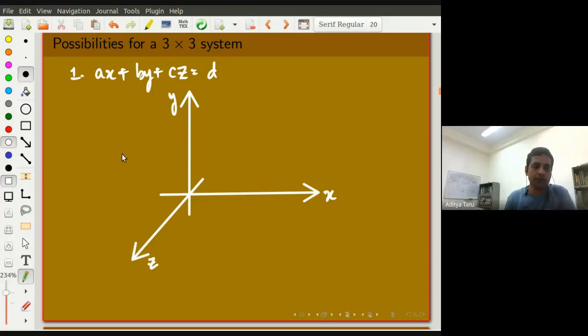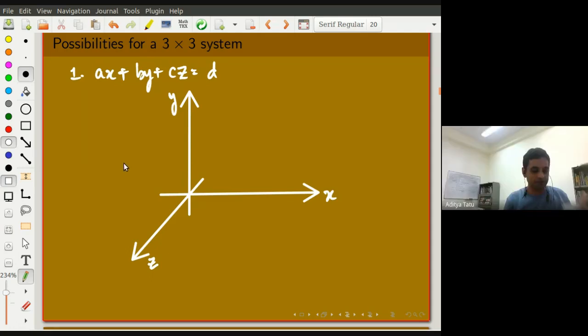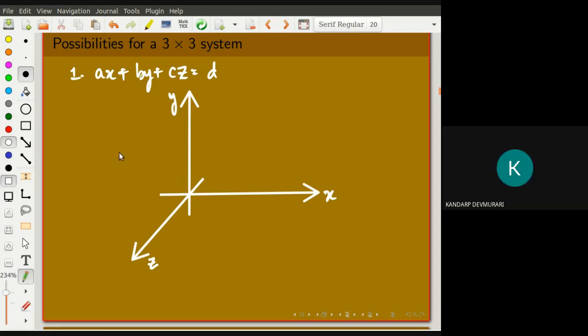Will it pass through the origin? No. Only if D is 0. Normal to the plane.